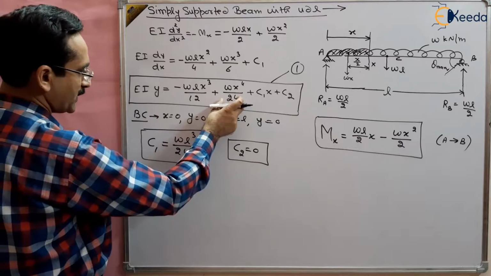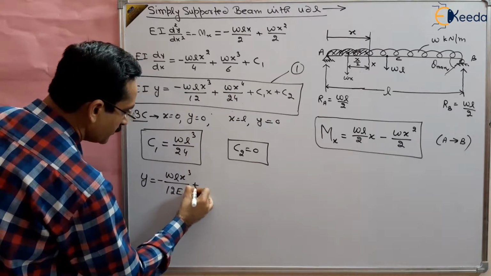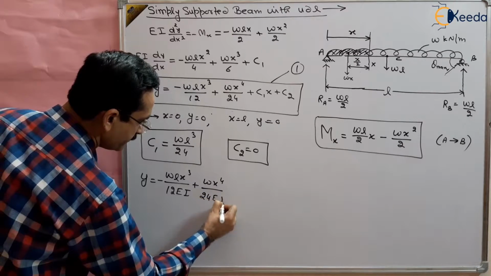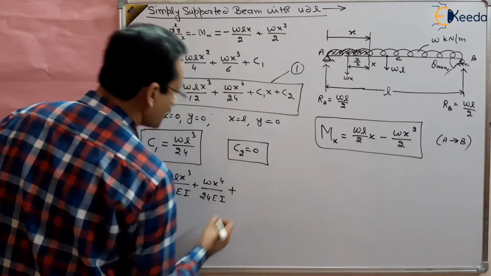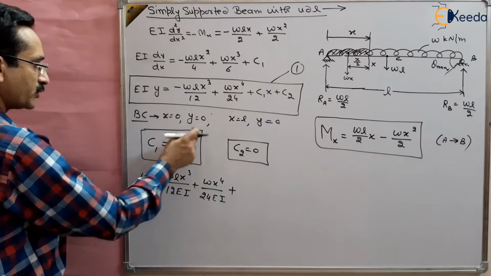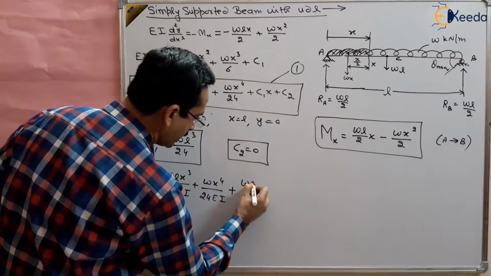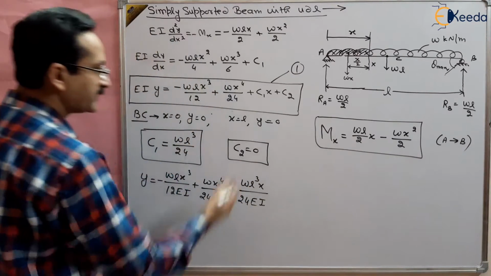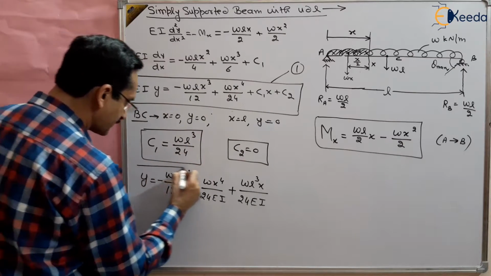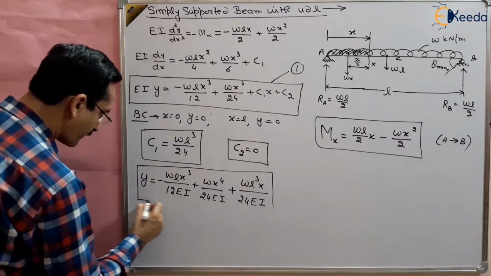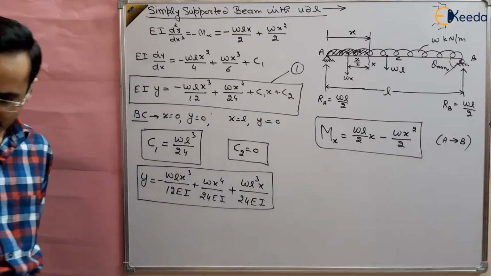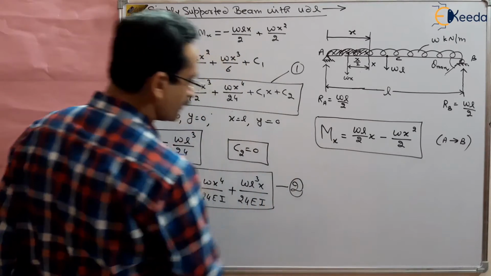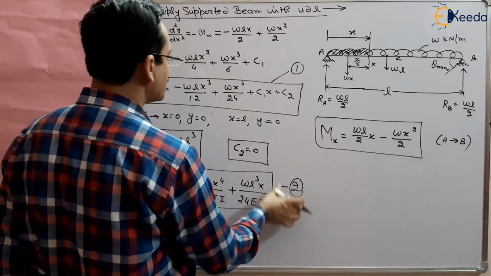Another term is W x to the power 4 by 24 E I, plus C1, which is known to us, W L cube by 24. So this is W L cube x by 24 E I, and C2 is 0, right? So this is the deflection equation. Let us say it is equation number 2.